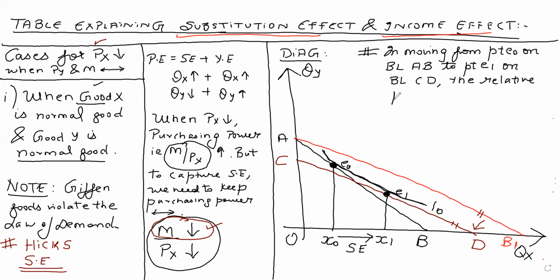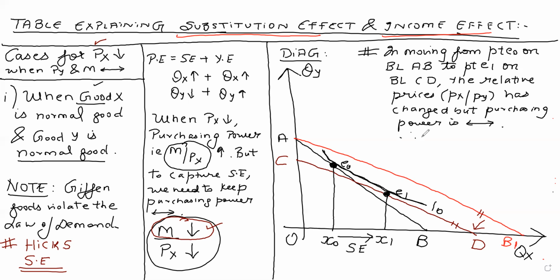The relative price is nothing but Px by Py, but the purchasing power is constant. Therefore, movement from E0 to E1 denotes the substitution effect.